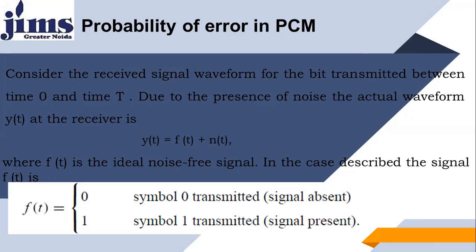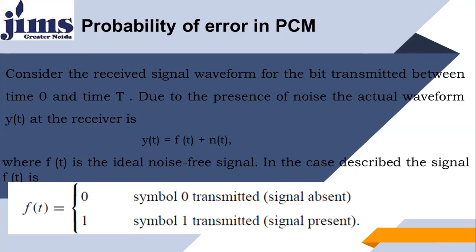So instead of f(t), y(t) reaches the receiver side, because noise is mixed into the true signal that is transmitted through the transmitter. So the overall signal is y(t) = f(t) + n(t), where f(t) is the ideal noise-free signal.